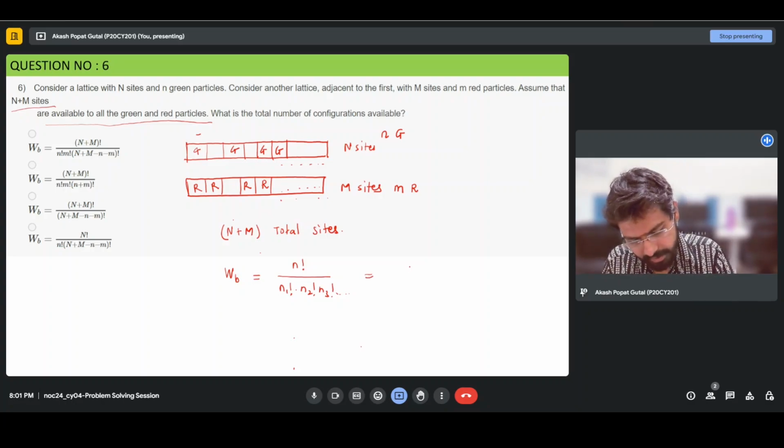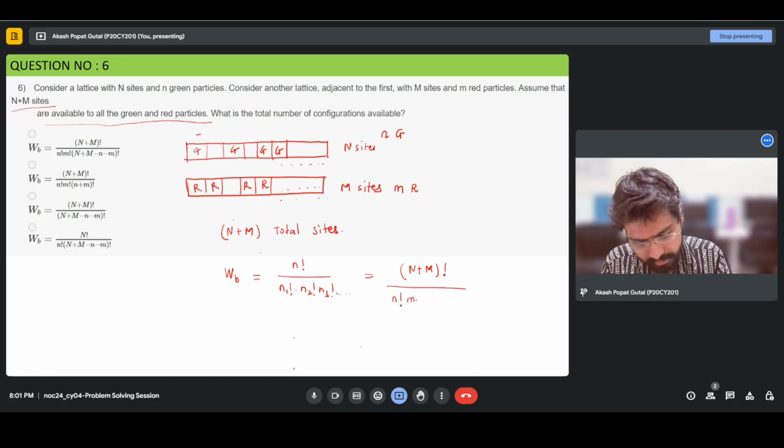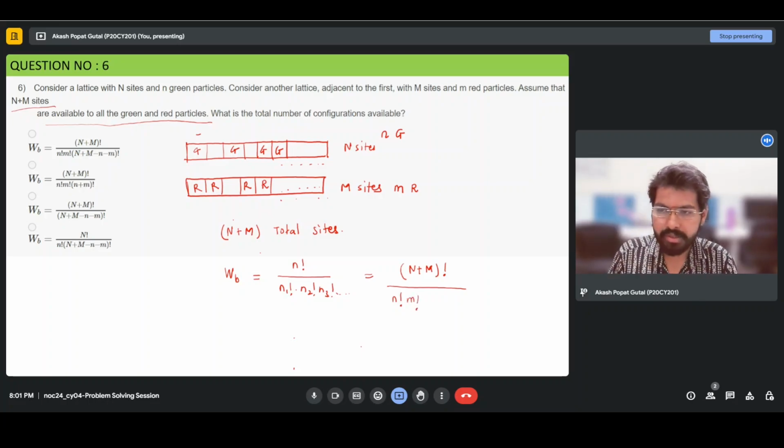So in this case, we have n plus m number of sites, take factorial of it, divided by, for the first kind of particles, that is green particles, n factorial. For red particles, m factorial, because they are indistinguishable. The bottom terms, the n factorial and m factorial, come because they are indistinguishable.